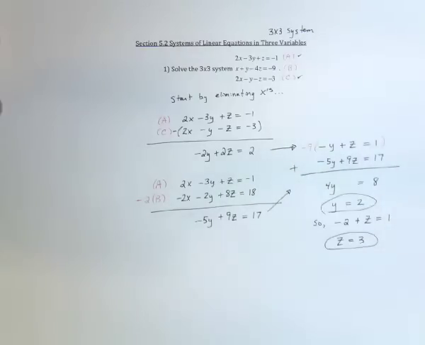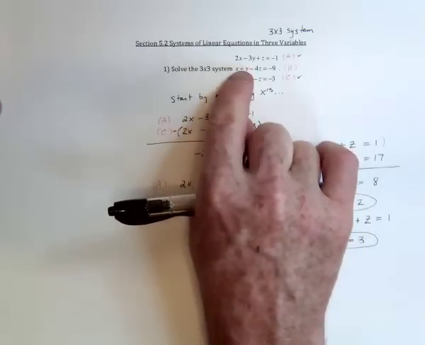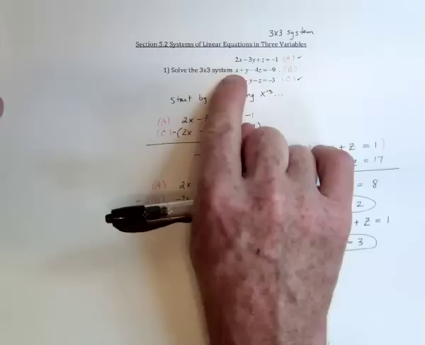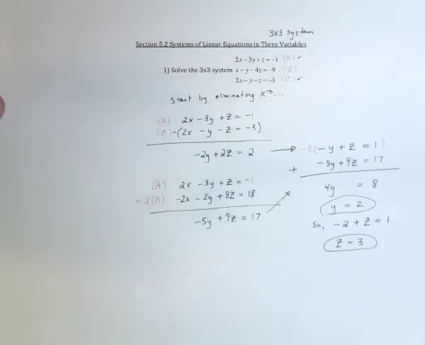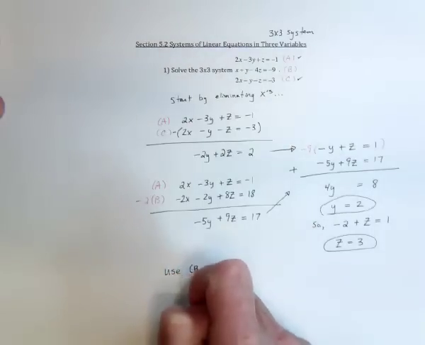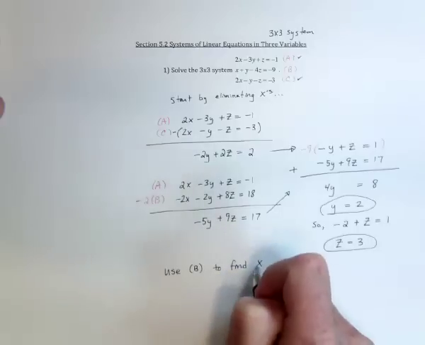And we're almost finished. Now I need to find x. Well, it was back here that we had equations with x. So go back to one of these, whichever looks easiest. I think that one, the middle one. And then find x. So finally, use equation B to solve for x.